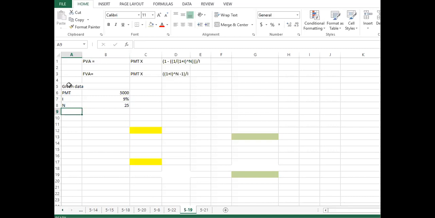Okay, and what is required in A part? Future value of annuity is required, and here is the formula of future value. Okay, PMT is 5,000 multiplied by the factor. So here is the factor. Factor of interest 9%, and time N is 25 years.